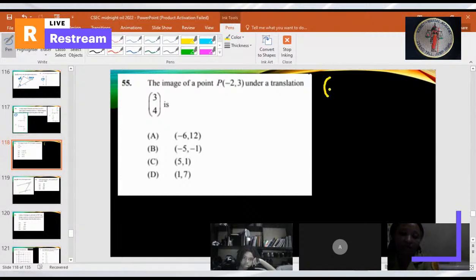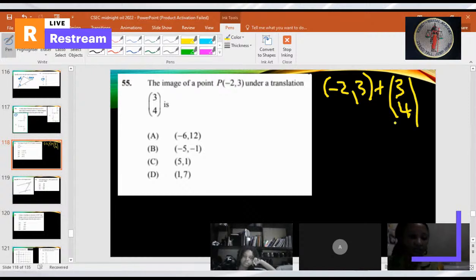So negative 2, 3 plus 3, 4. The translation is written as a vector. So what's the image? That would give you 1, 7. Negative 2 plus 3 is 1, and 3 plus 4 is 7, which is D. Okay, so 1, 7.